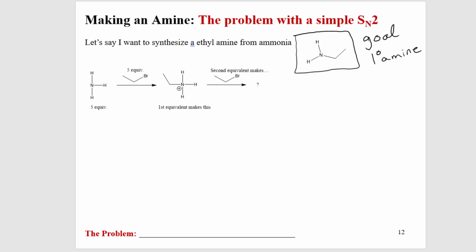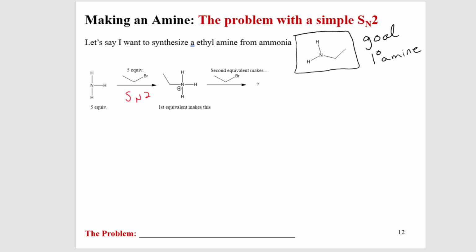So I'm trying to make this very specific starting material. To do so, the first thing that people thought to do was, well, let's just do some SN2 chemistry, right? Let's start with the simplest form of an amine, ammonia, and let's throw on the ethyl group through an SN2 reaction, right? Okay, that shouldn't be too difficult.